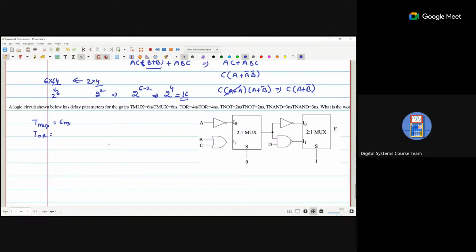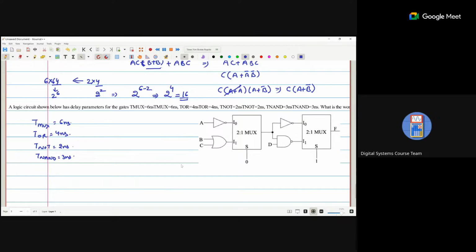Time delay of OR is 4 nanosecond. Time delay of NOT is 2 nanosecond. Time delay of NAND is 3 nanosecond. Okay. So what is the worst case delay at the node F?